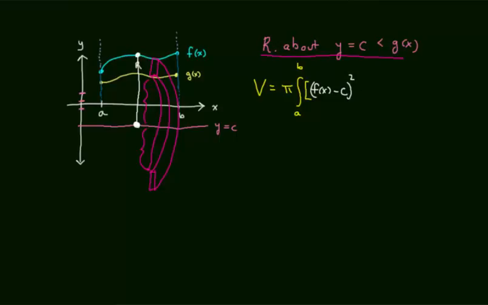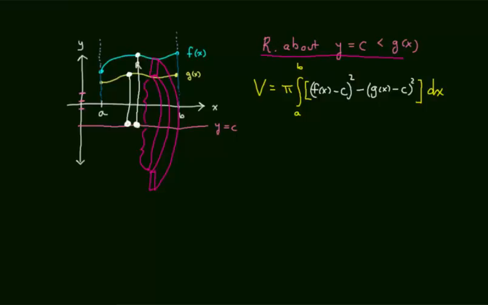And then we're going to take away the inner radius, which is from this yellow g of x down to the axis of revolution. So that's going to be g of x minus c, quantity squared. Let's close this off, times the thickness of each, which is dx.